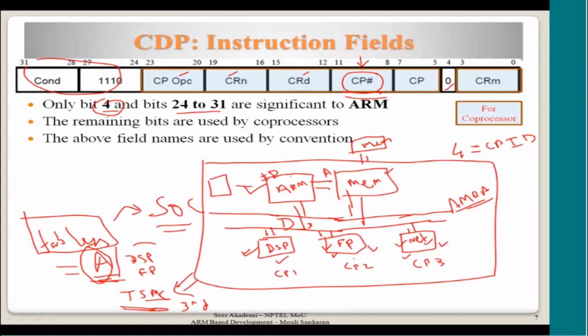Only when they see that the coprocessor IDs do not match their own, they may ignore it, but they will certainly see those instructions if they are on the data bus. So they need to have a common understanding that whatever bit pattern here indicates that this is a coprocessor ID.